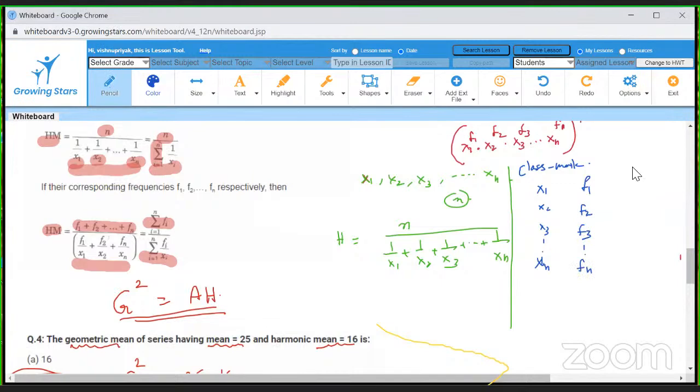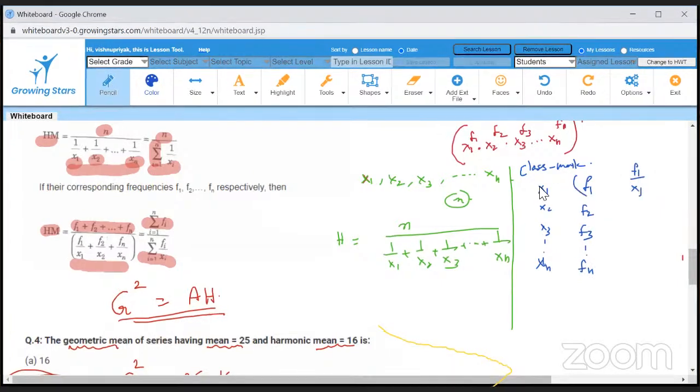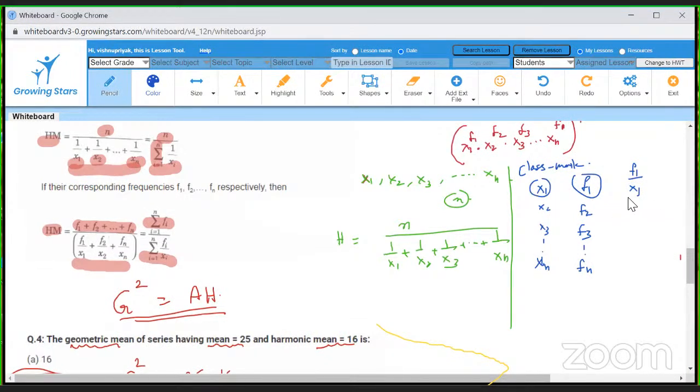Then you make one column, f1 by x1, f2 by x2, f3 by x3, up to fn by xn.